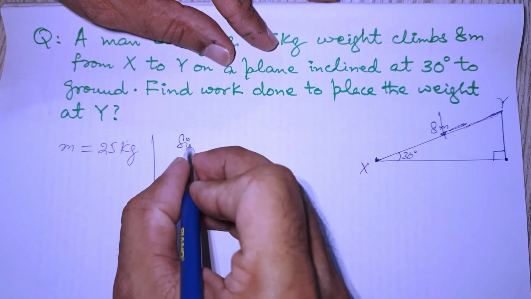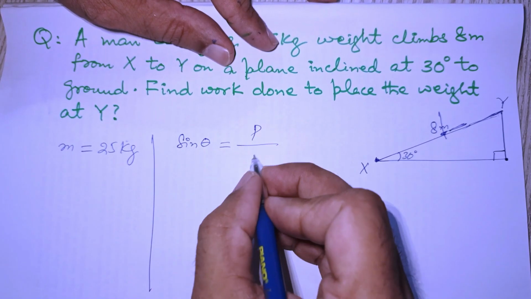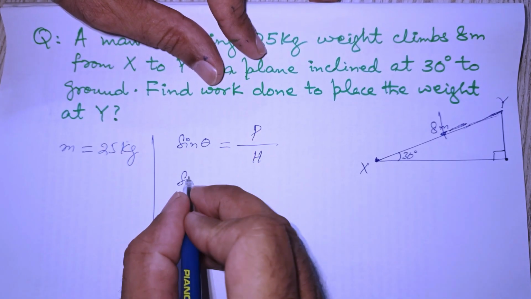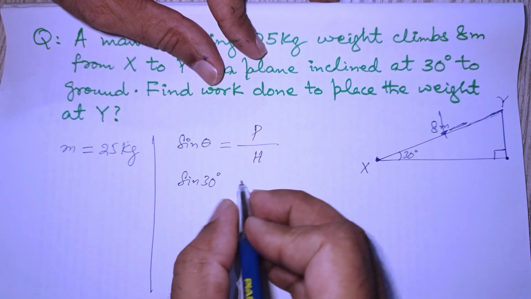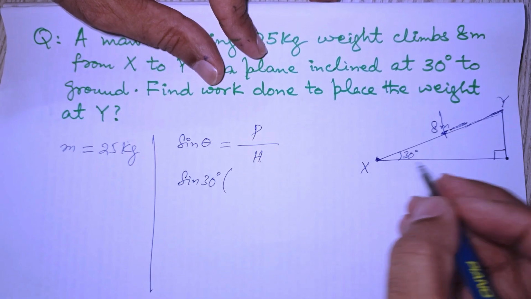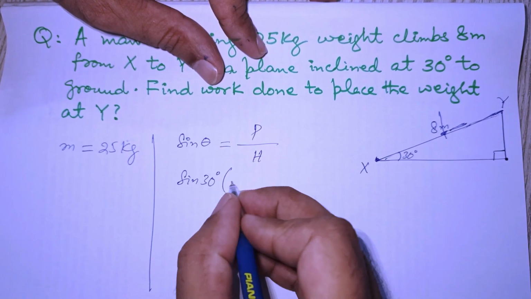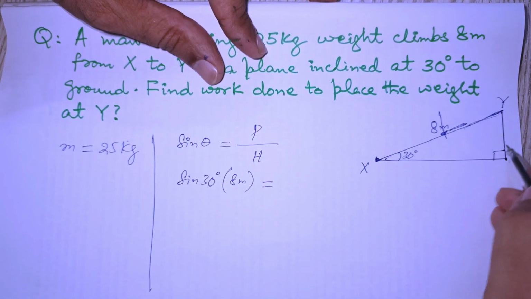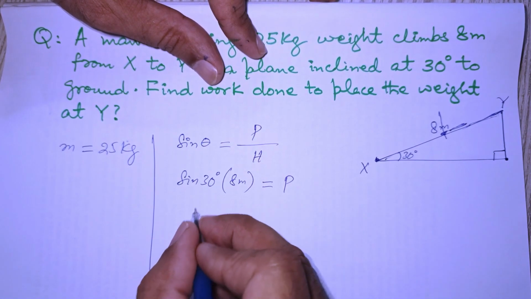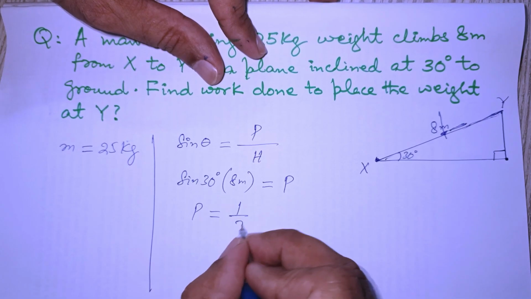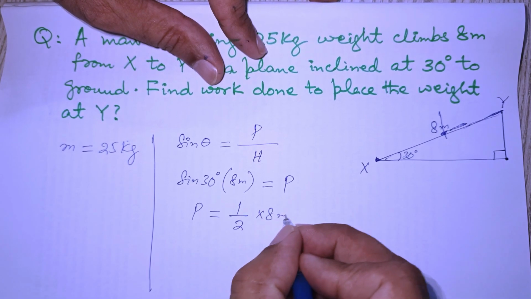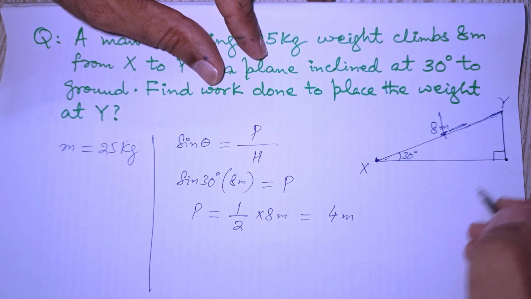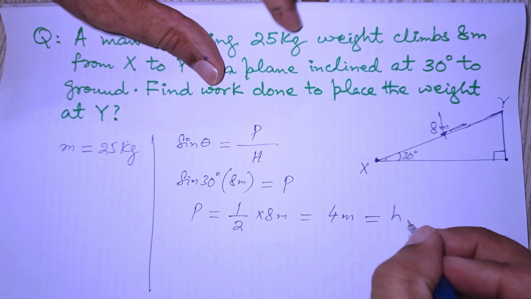We know that sine theta equals perpendicular over hypotenuse. So sine 30 degree, hypotenuse X to Y is 8 meter, equals P over 8, and P is this perpendicular. P is sine 30 degree, 1 upon 2, into 8 meter equals 4 meter. This is the height.